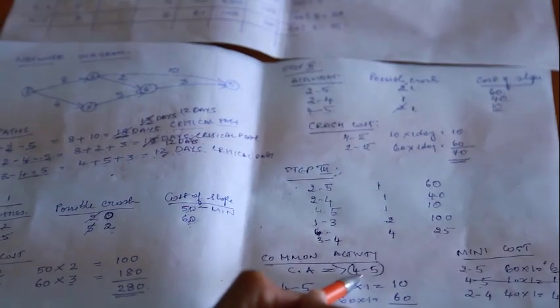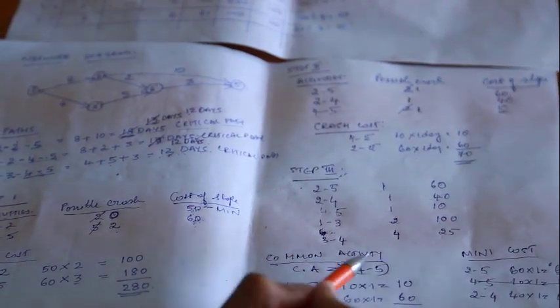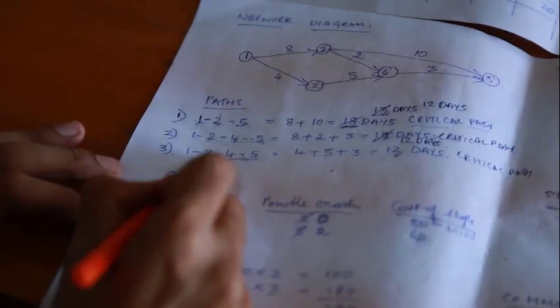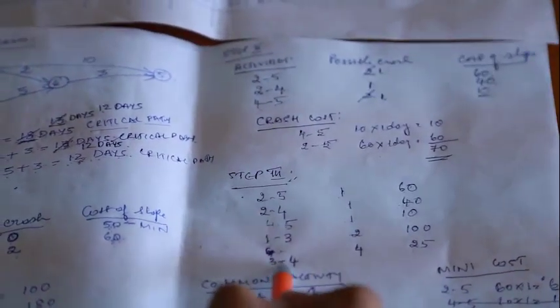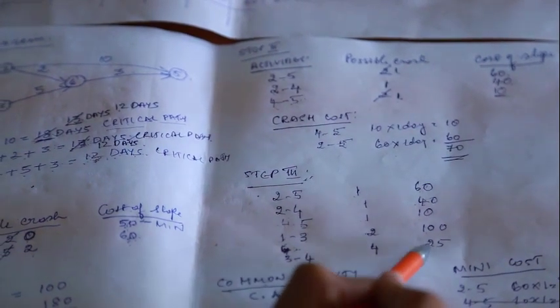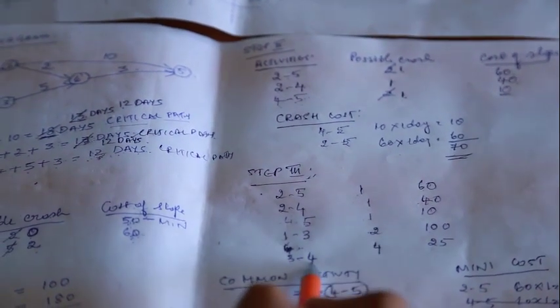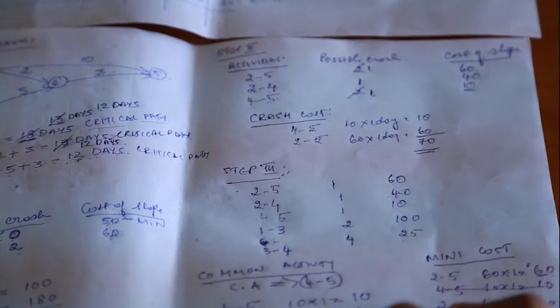So the option is between 1 to 3 and 3 to 4. 1 to 3 is 100, 3 to 4 is 25. So the least is 3 to 4, so 3 to 4 shall be taken.